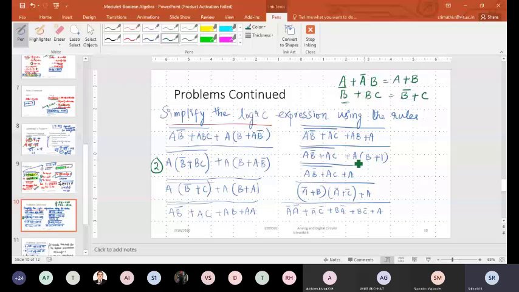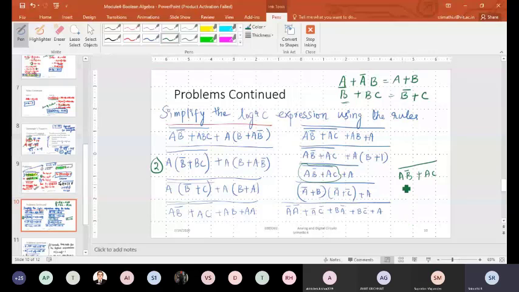So write it as A. Now I am having (AB bar + AC) bar + A. Use your De Morgan's law first inside literal. This is (AB bar + AC) the whole bar.